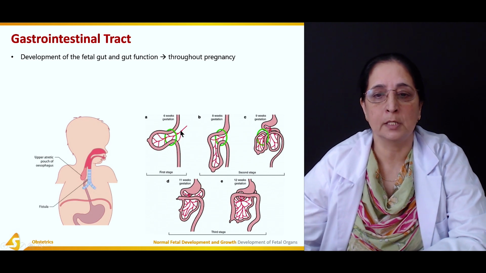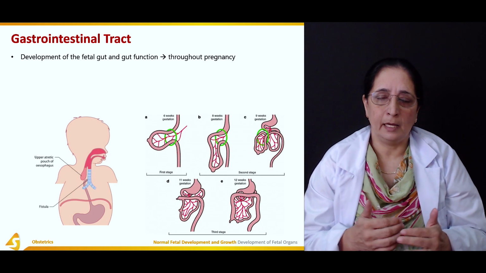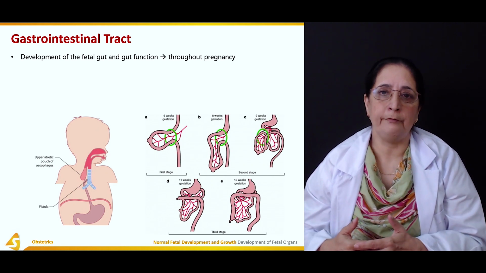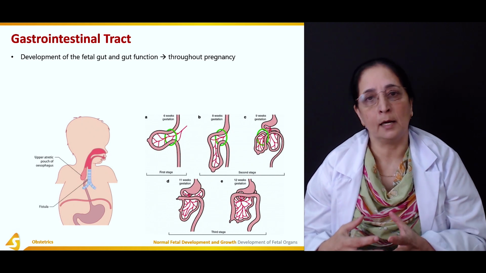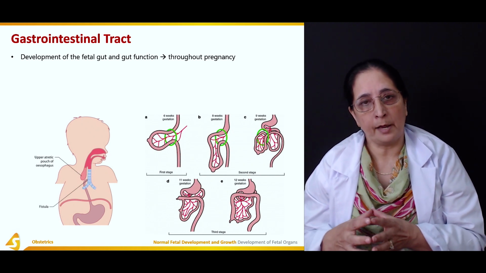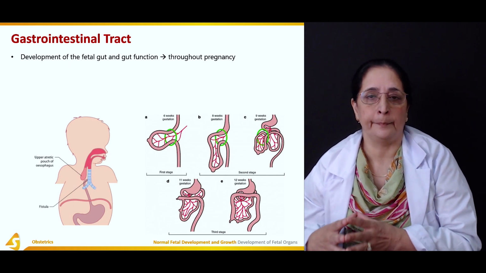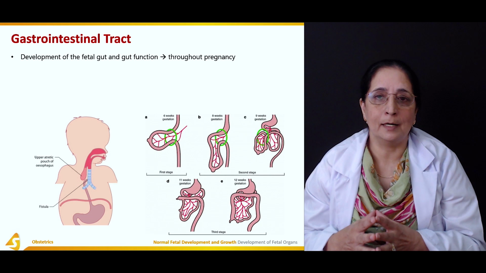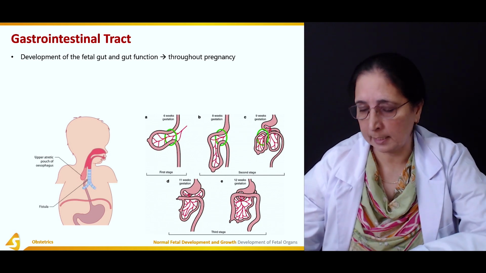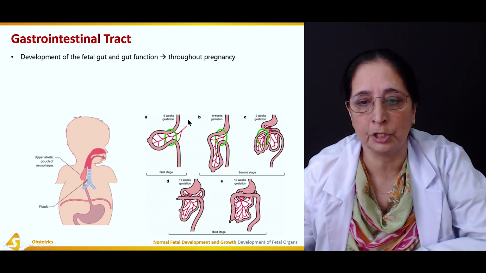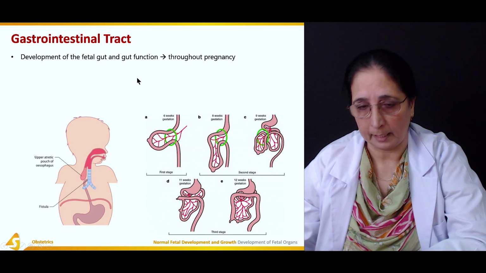So very, very early, we said at 4 to 5 weeks, the cardiovascular system is forming and heartbeat is present. After that, the GIT is the other system that starts forming early in the gestational period. So at about 6 weeks gestation, there is a formation of the gut.